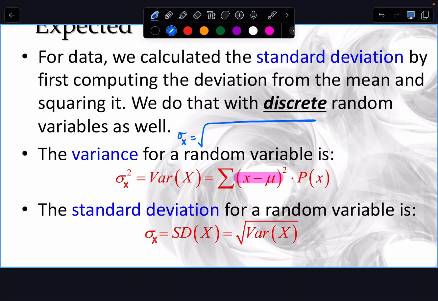And so for our coin toss, that means we would take our first value of 0 minus the mean we calculated, 1.5. We would square that difference and then multiply by the associated probability. Then I would go to my next value, which was 1 minus the mean squared times the probability.